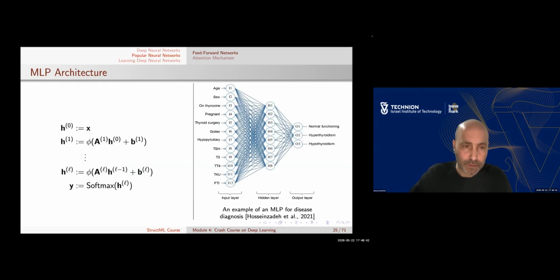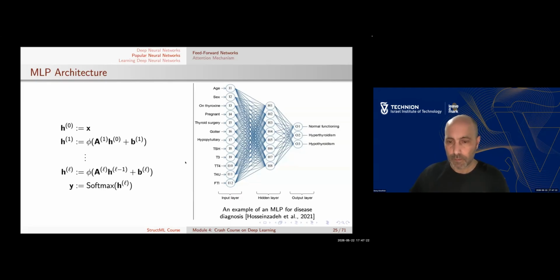Again, I remind you that different layers use different parameters, the Ai's and bi's, no parameter sharing. In the end, we get the probability distribution using softmax. So the output is a softmax of the last layer, HL. And so we need to make sure that the dimensions of these linear transformations match the dimension C, because then we apply softmax on C dimensions and get as a result a distribution over C elements.